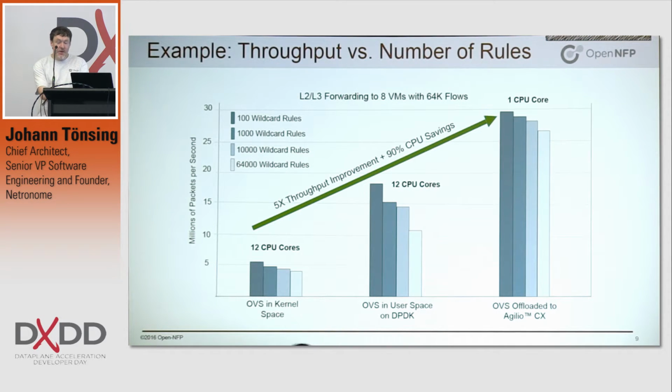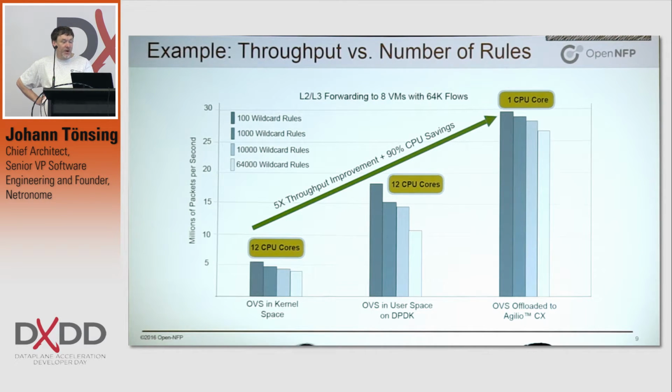Okay, so let's have a look a little bit at the actual performance benefits we get here. So these are measurements on OVS in kernel space, OVS in user space, and the offloaded OVS as an example. You can see higher throughput, depending on what you compare it to, different factors of throughput, but look at the number of cores that were consumed here.